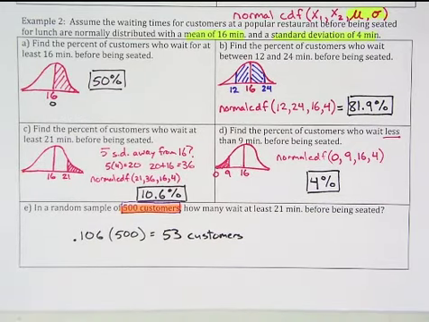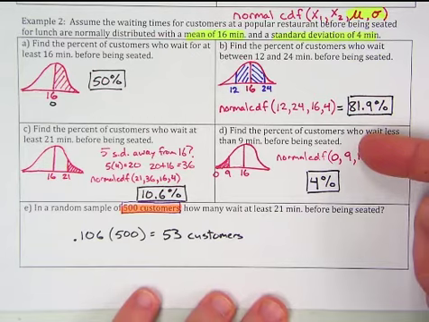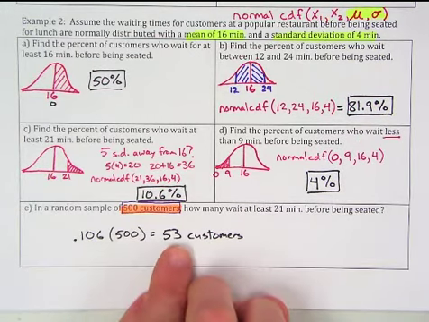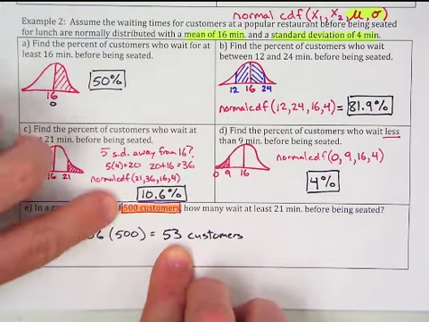All right, so that's how you can apply standard deviations to a normal distribution to find the percentage of a population that falls within a range, as well as find the actual number of people out of a population that you would expect in a certain range.